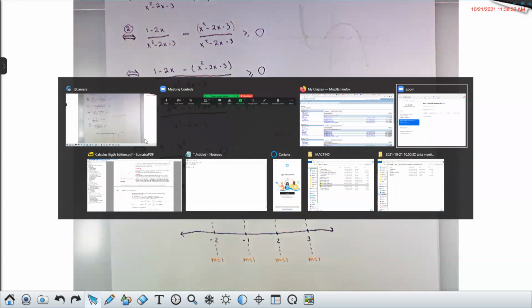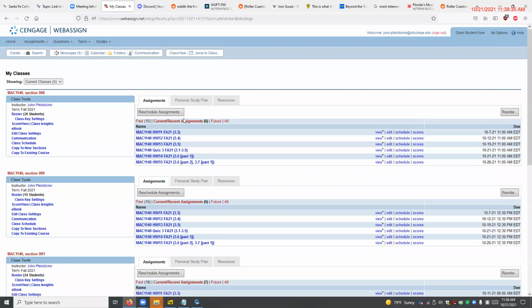Because that's right. So think about the graph of a rational function. Pick your favorite rational function.